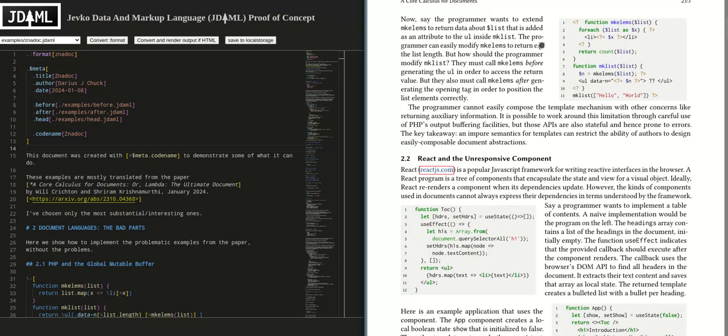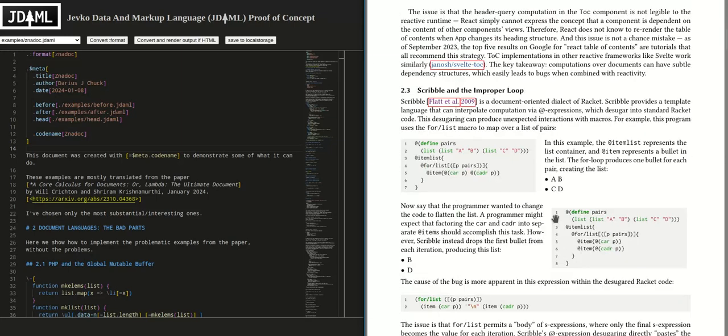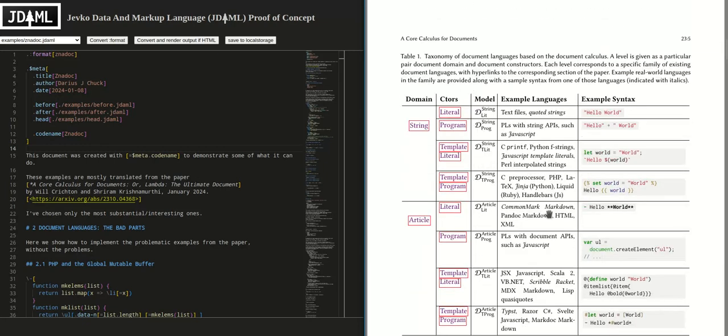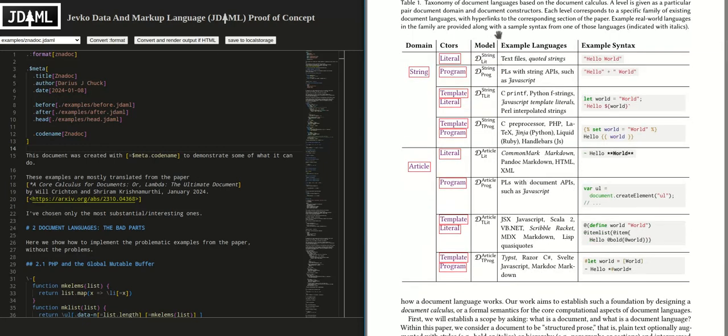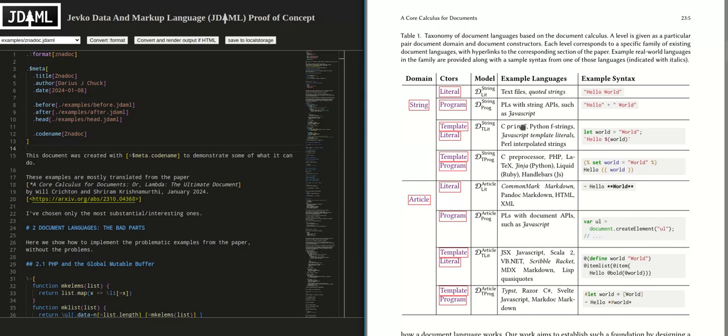And also this paper tries to classify these systems by the level of sophistication, let's say, or what they allow a document author to do. So there's this table that introduces a taxonomy of document languages, and it's ordered from the least sophisticated to the most sophisticated.